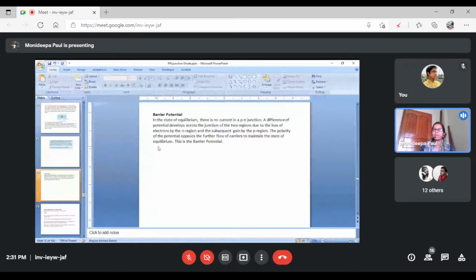When diffusion current is equal to drift current, the equilibrium condition is reached by that semiconductor material. Then the potential difference in the depletion region opposes the further flow of the carriers. So the value of this potential difference is known as the barrier potential. Any doubt about barrier potential?